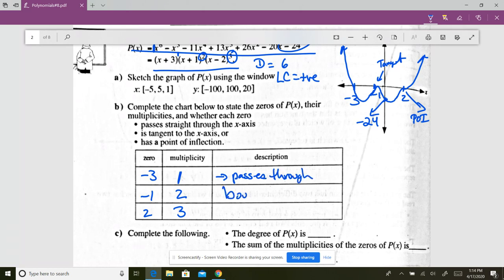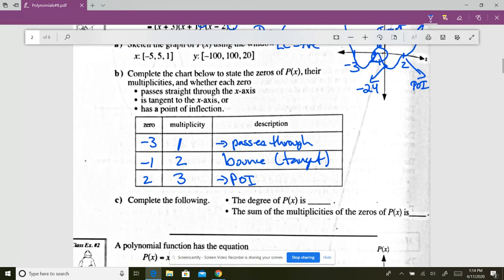This is a bounce or a tangent right there. And this is a POI, point of inflection. And again, to get the degree, add the multiplicities together, 1, 2, 3, 6. And the sum of the multiplicities is 6. So they're just kind of confirming that these are the same numbers.